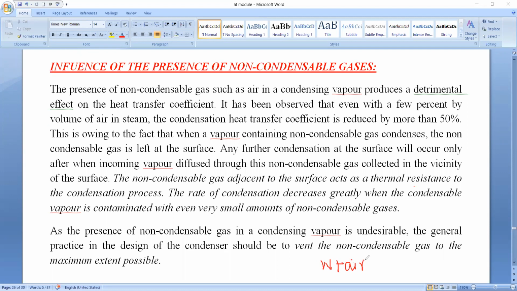But what about air? Air will not undergo condensation. So air is treated as a non-condensable gas.